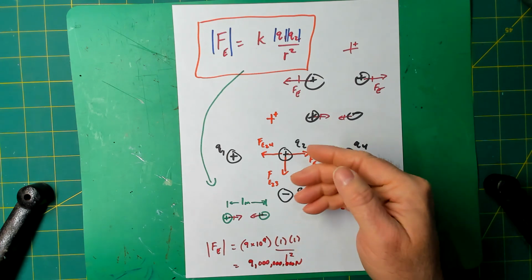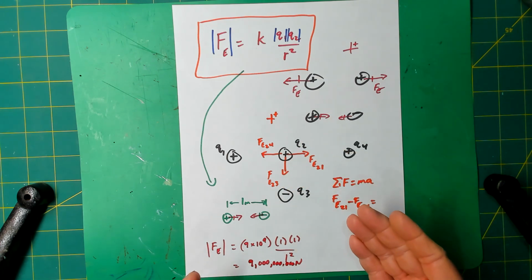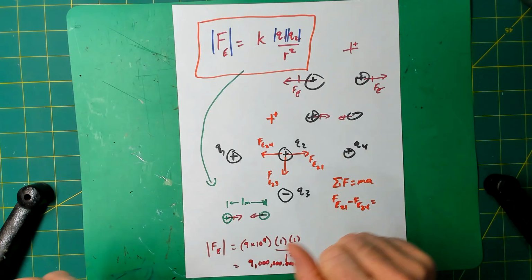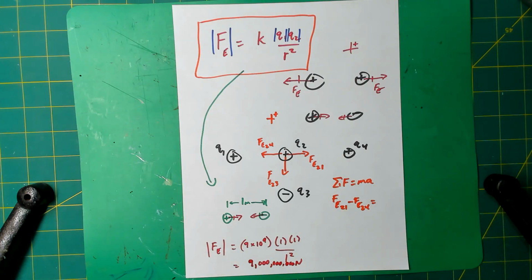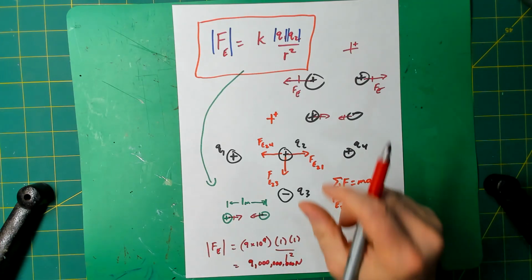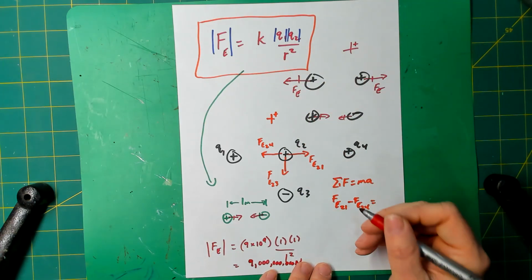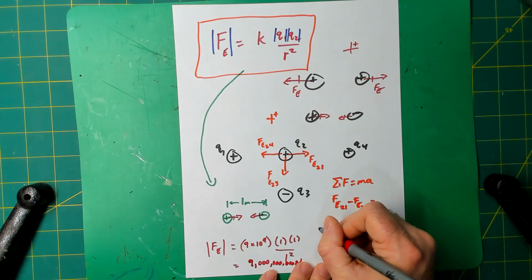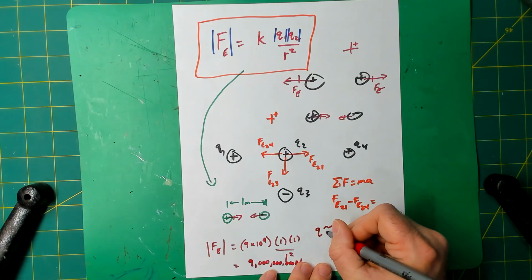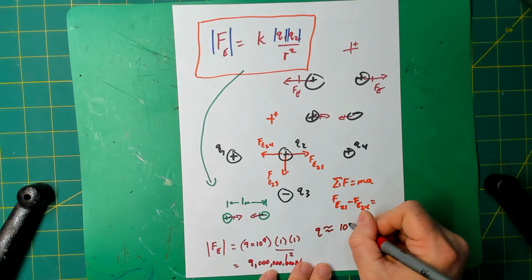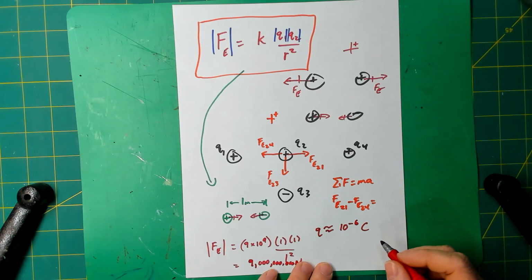So normally when we do things in lab, when we're taking those friction rods and rubbing them with the fur and the silk, we're typically separating a tiny little bit of charge, way less than a Coulomb. Typically with those friction rods, I think the charge is about 10 to the negative 6 coulombs.